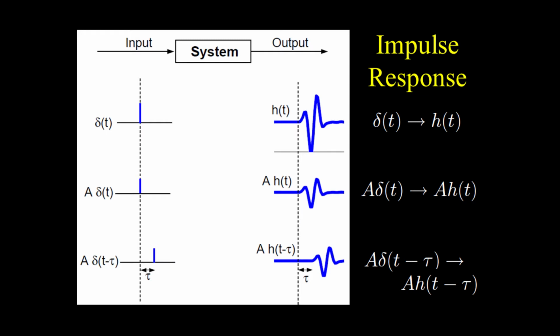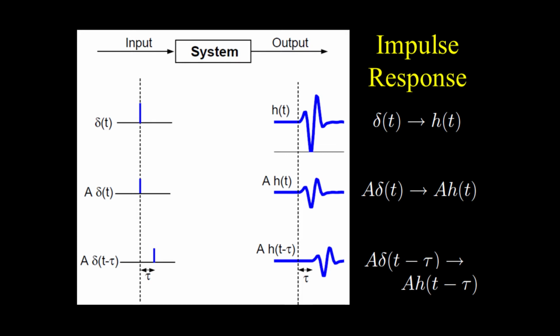If the system is linear, a weighted impulse, uppercase A delta(t), produces an output waveform, uppercase A h(t), which is identical to h(t), except that the magnitude will be modified by factor uppercase A, as shown here.